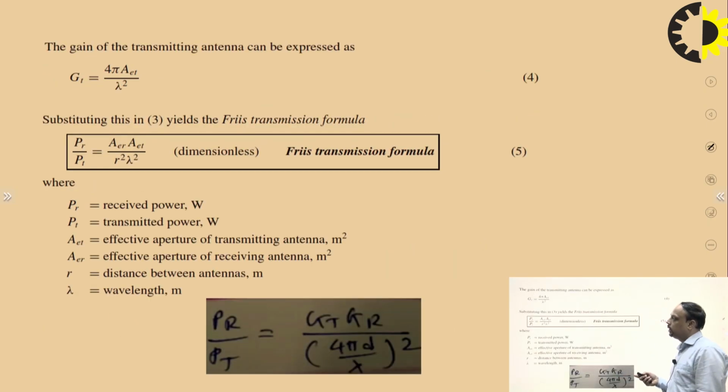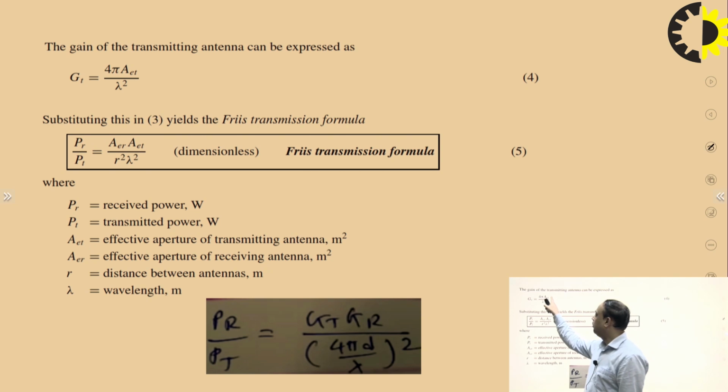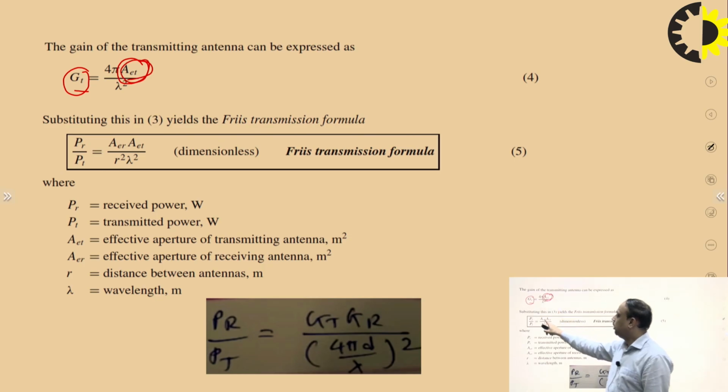Now we know the relation between the gain and the effective aperture of the transmitting antenna: GT is equal to 4 pi A by lambda square. If we put the value of GT in terms of the effective aperture of the transmitting antenna, we have the power ratio PR by PT equal to AET AER upon r square lambda square.